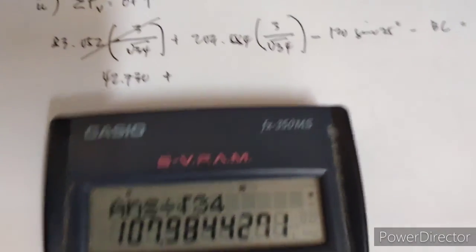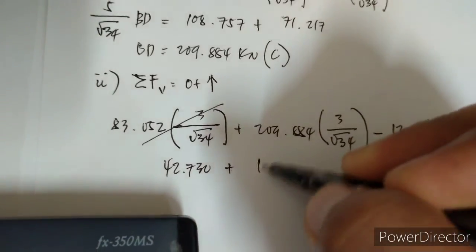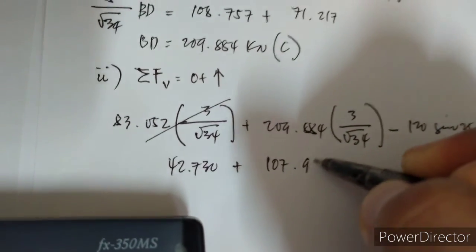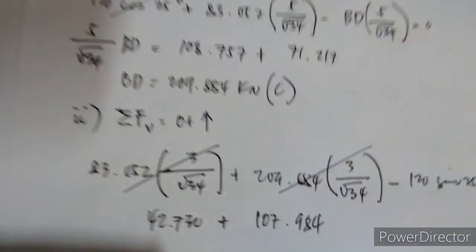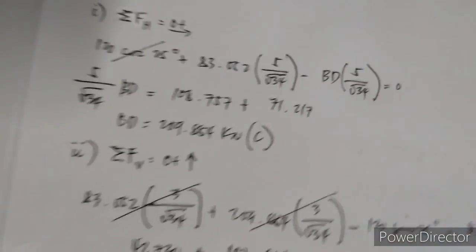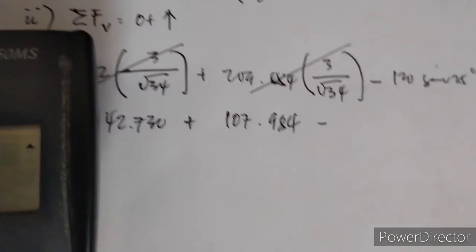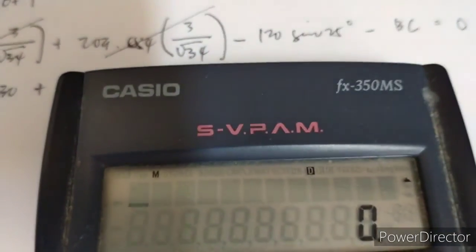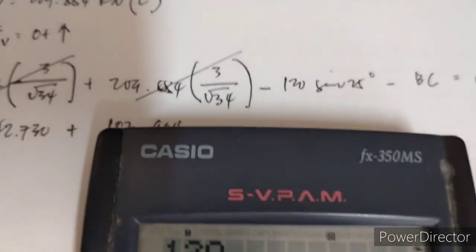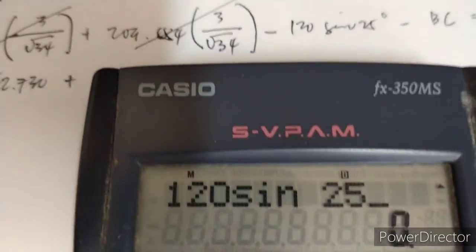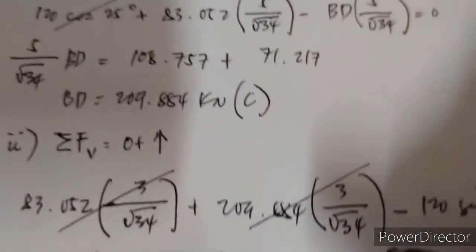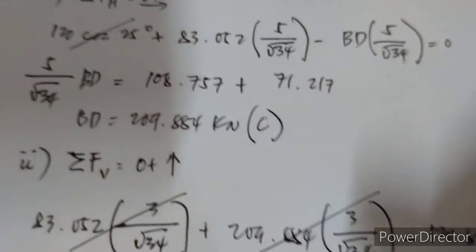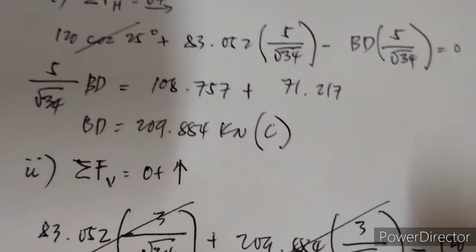It will give us 107.984 for this, and minus 120 sine 25 degrees, it will give you 50.714, is equal to BC.